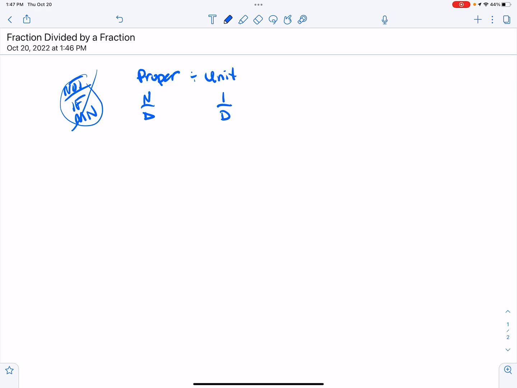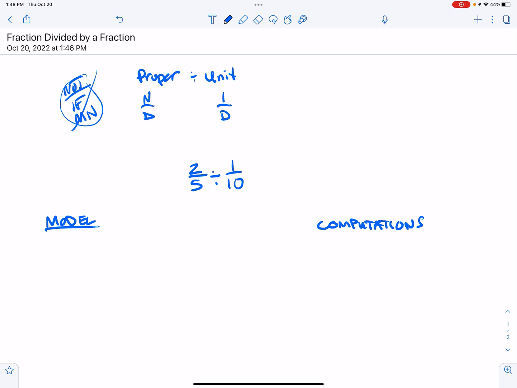So when we're looking at these today, we'll go with the first example of 2/5 divided by 1/10. I am going to be looking at what a model would look like for this, the visual way of thinking about it, and then the computational or calculation. What is always helpful, especially when dividing fractions, is to put it into word form: what is this problem actually asking you to do?